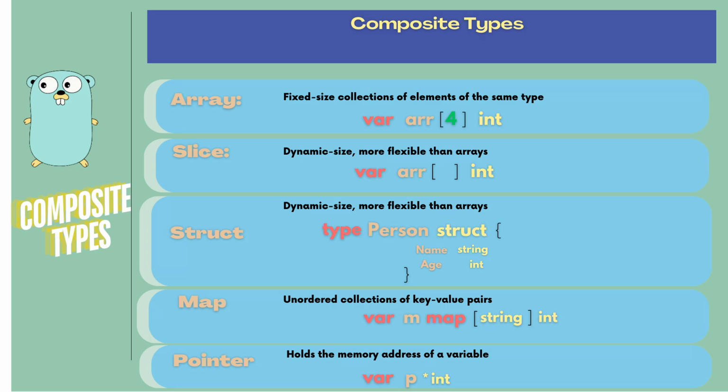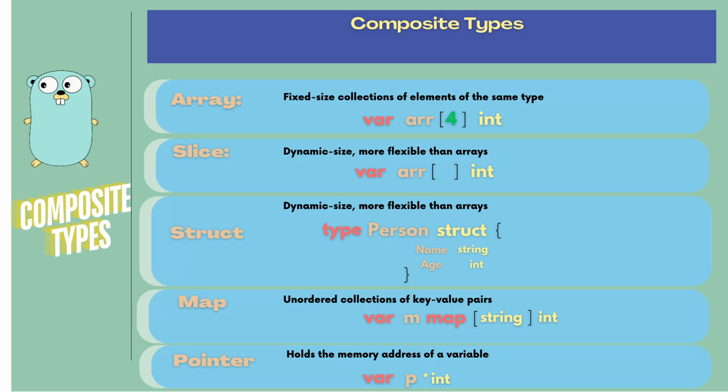Struct is also flexible. Now comes map. Map consists of an unordered collection of key value pairs. If you're coming from a Python background, it would be your dictionary. Next is pointers. Pointers hold the memory address of a variable. You can see the syntax. We will be diving into each one of them in separate videos. For this video, we will stick to basic types.